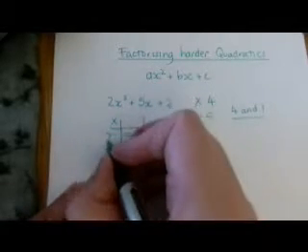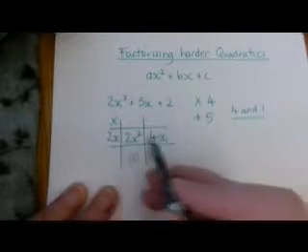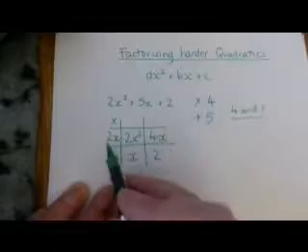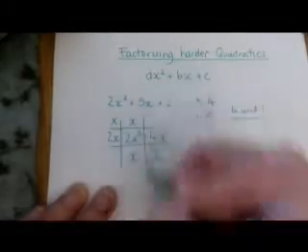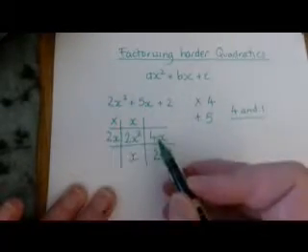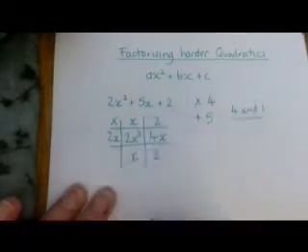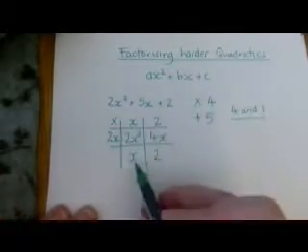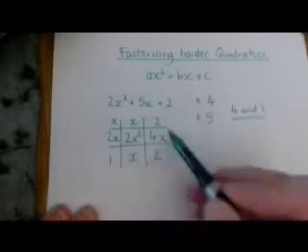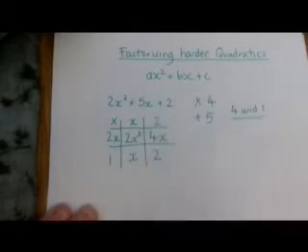So the 2x is going to have to go here because then it will multiply to make 4x. So 2x there, x there. 2x times x, 2x squared. 2x times 2 will give me 4x. X times 1 will give me x. And double check that you've filled it in right because 1 times 2 should make 2.